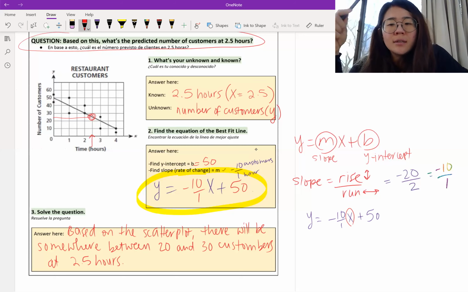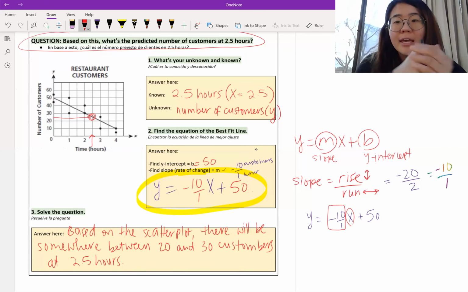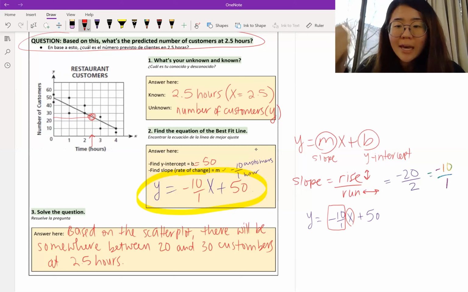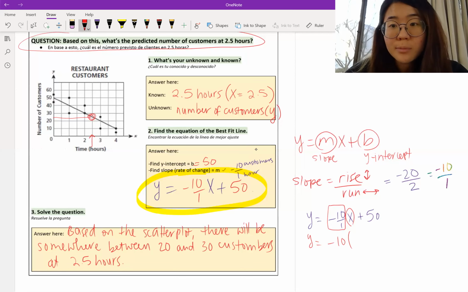Remember, the math between the negative 10 and the x is multiplication. So we're doing negative 10 times x plus 50. I'm going to replace our x value with 2.5. So it's negative 10 times, I'm going to use parentheses because it's more organized, 2.5, plus 50.